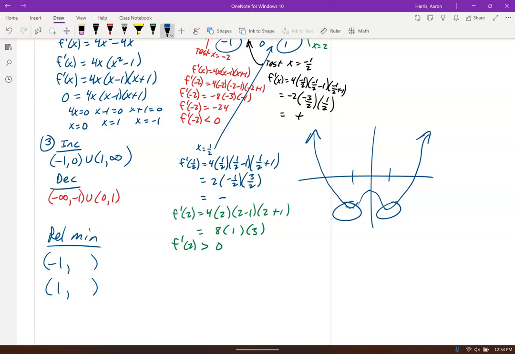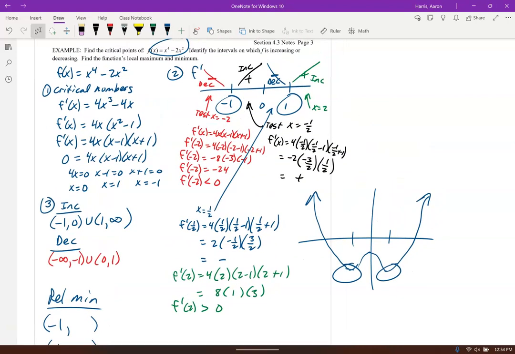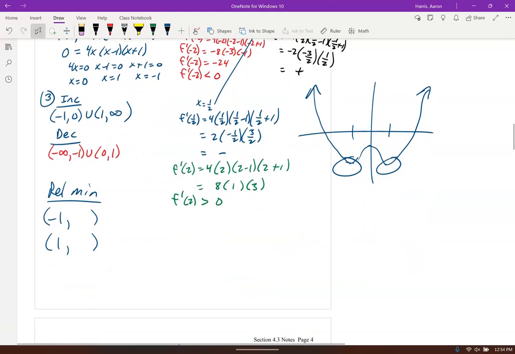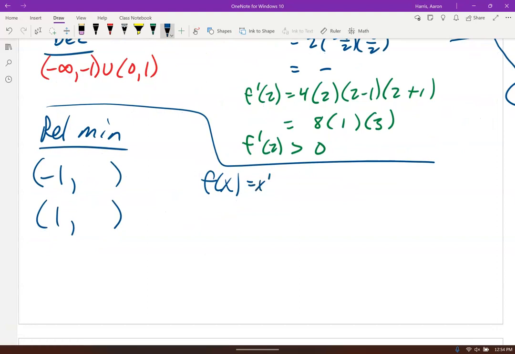And so then I would throw it into the original function. Remember, we're trying to find the original function, x to the 4th minus 2x squared. Plug in the -1, so I got -1 to the 4th minus 2 times -1 squared. So I got 1 minus 2.